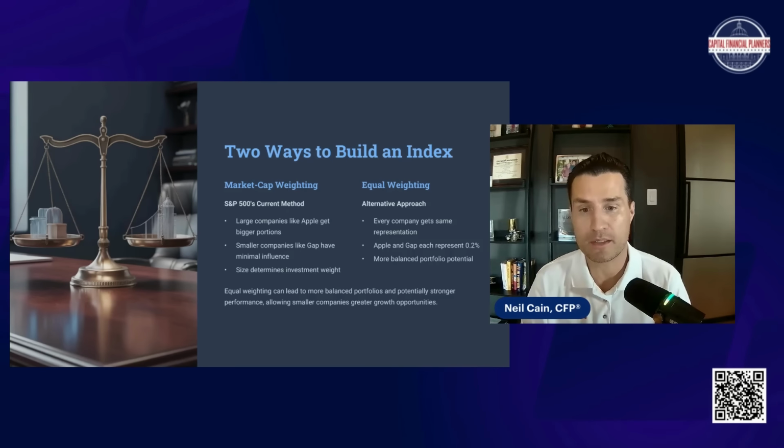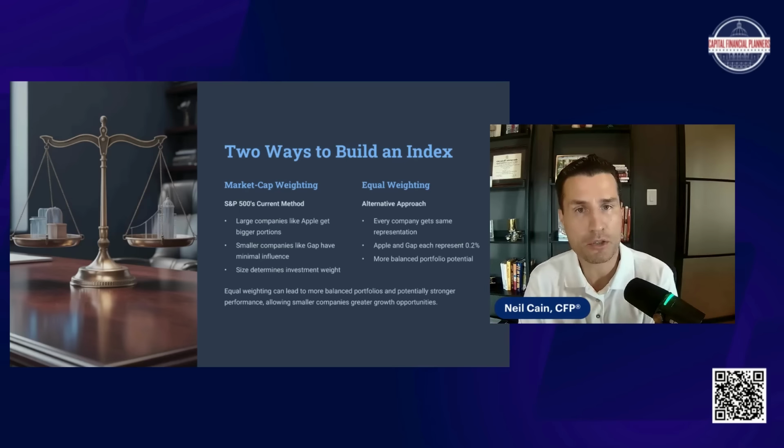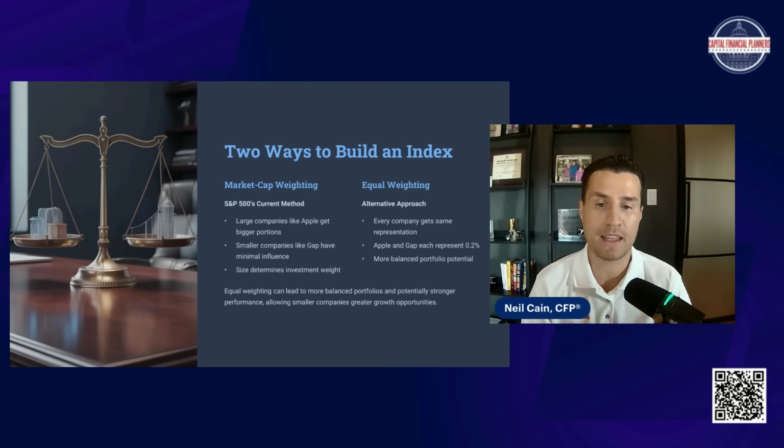That's essentially what the C Fund does. Larger companies like Apple get a much larger percentage of the index, and companies that are small get a much smaller percentage of the index. So the size of the company based on valuation gets a larger percentage in that index.